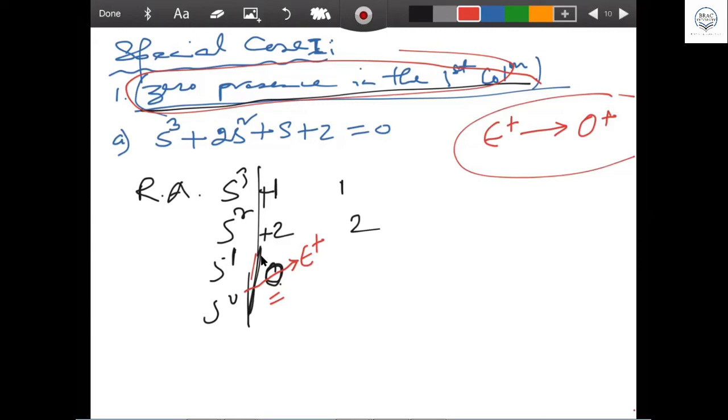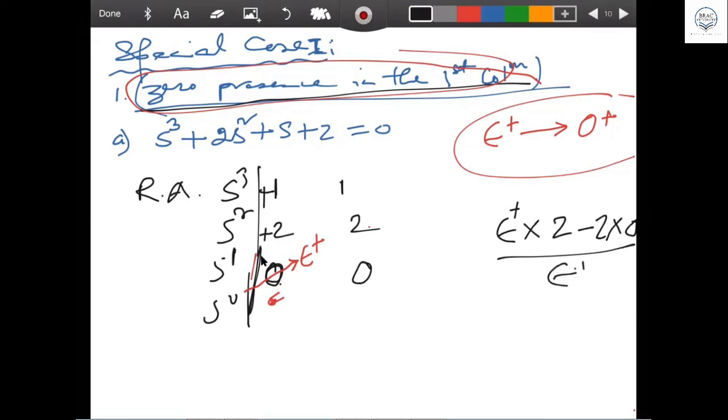If you put epsilon plus, then the next one will be what? If you calculate, it will be 2, isn't it? Epsilon into 2 minus 0, so 2 into epsilon divided by epsilon, epsilon cancels, you are getting 2 here.